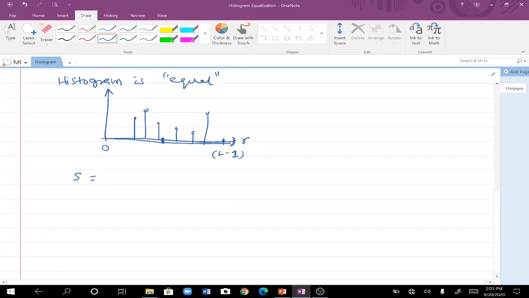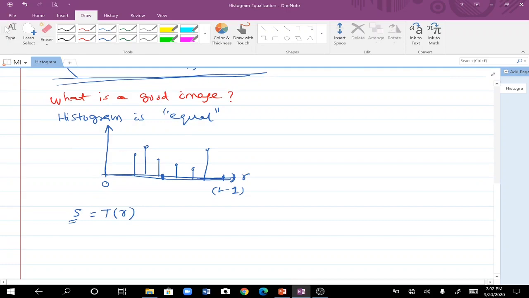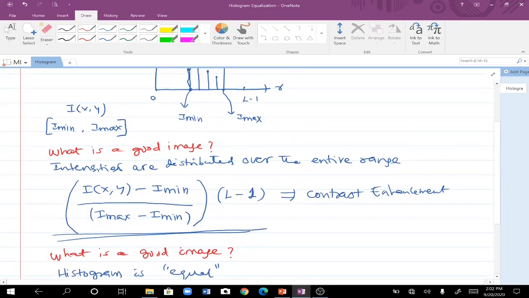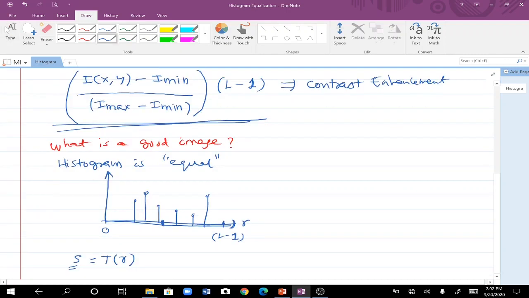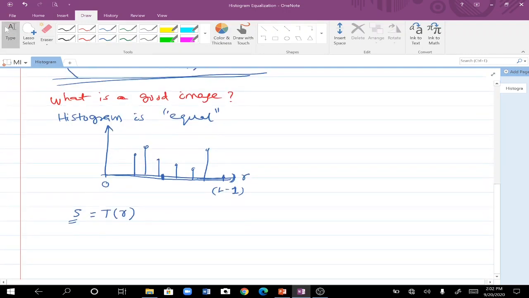Let the earlier value be r. Now you want to apply a transformation on this r that gives you a new value s that should give you a more or less equal distribution of your histogram. By the way, all the histograms that we are drawing here are the normalized ones, where you are dividing the number of pixels having that particular intensity by the total number of pixels, thereby resulting in a PDF.